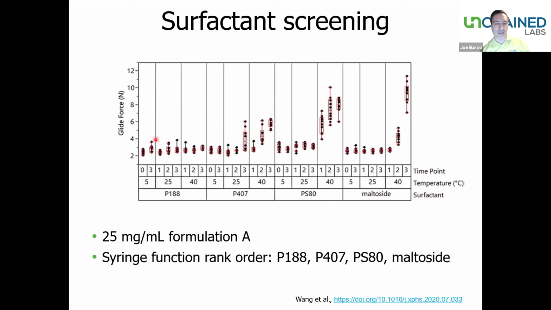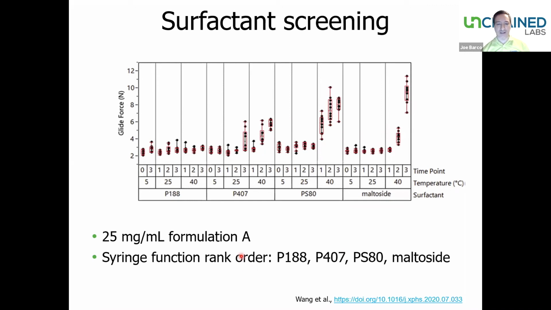Again, P188 was low across all the stress conditions and all the time points. With P407, glide force starts to increase at the higher stress conditions. Polysorbate 80 is worse than that, and maltoside is even worse than that, where you have 5 to 6 fold increases in glide force at the high stress condition.